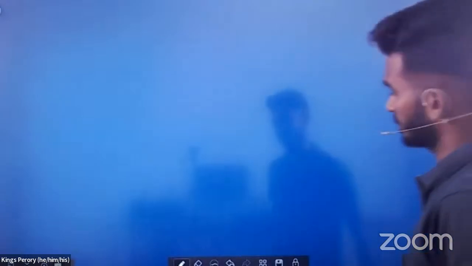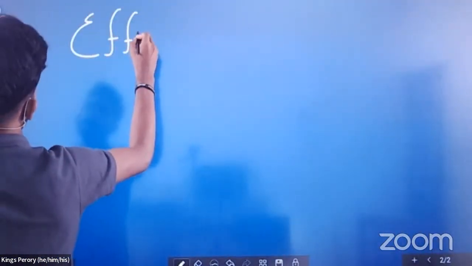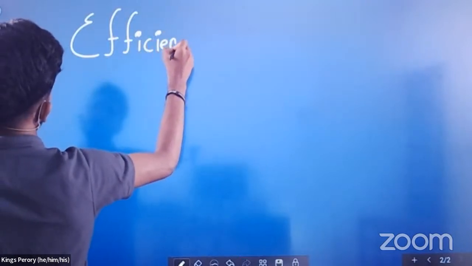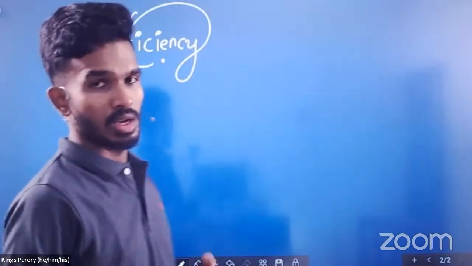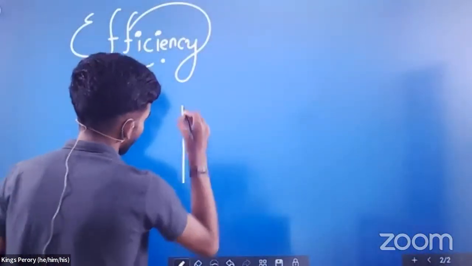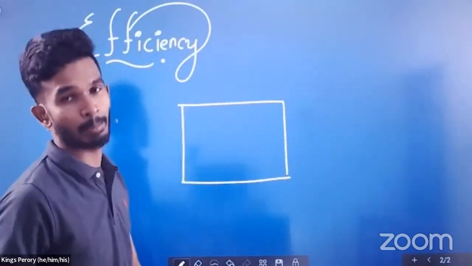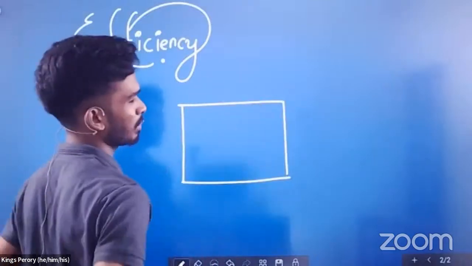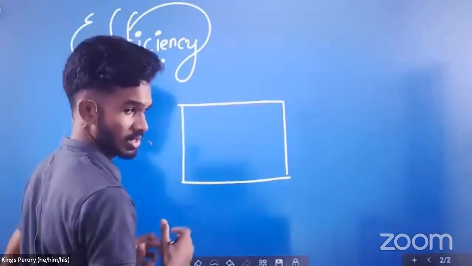First of all, efficiency. Now listen very carefully. What is this? This is a box. Think of this as an electric appliance. It can be a fan, a television, some electric appliance.